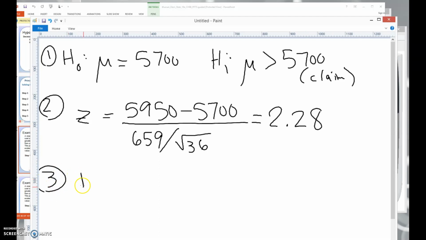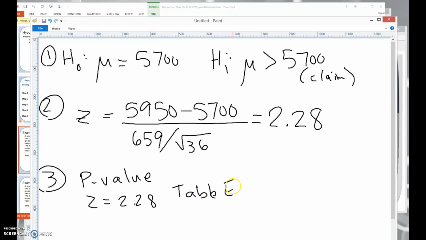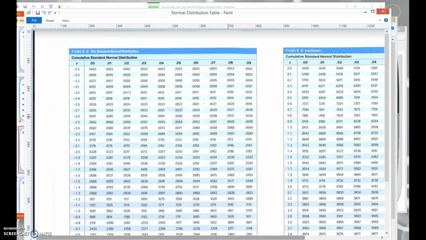We're going to test it and compare it to our p-value. So our p-value is, using our table E, we want to find the area for z equals 2.28. Go to table E, and we're going to look for that area. Okay, so 2.28.